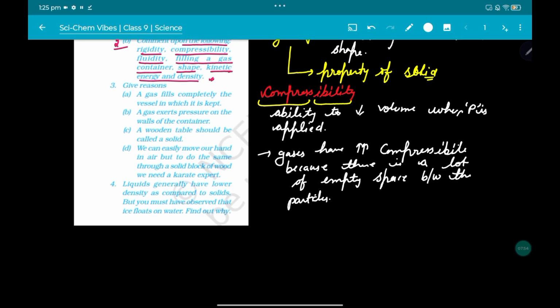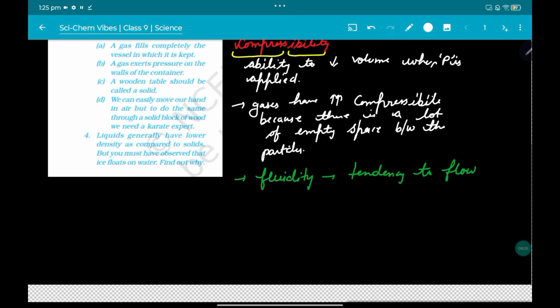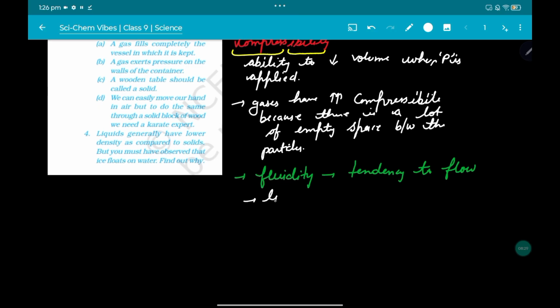Next one is fluidity. Fluidity is the tendency to flow, like liquid and gas can flow because they have the tendency to flow.